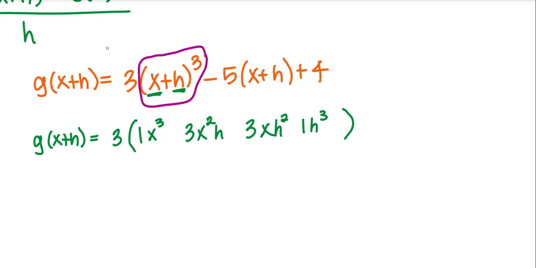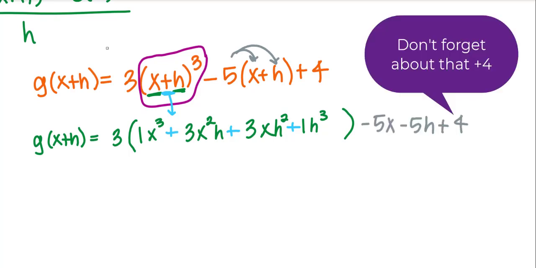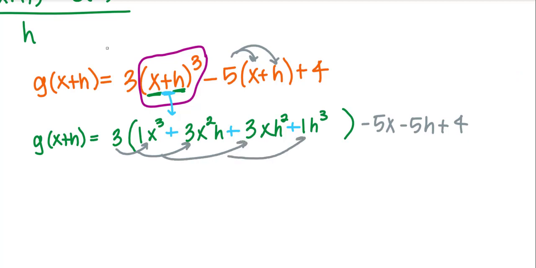Because it was a plus in between, all my signs are still positive. I can distribute the 3 in a minute. I'll distribute that -5. And now I will distribute that 3 just so I can remove all parentheses and get a simplified g of x plus h.